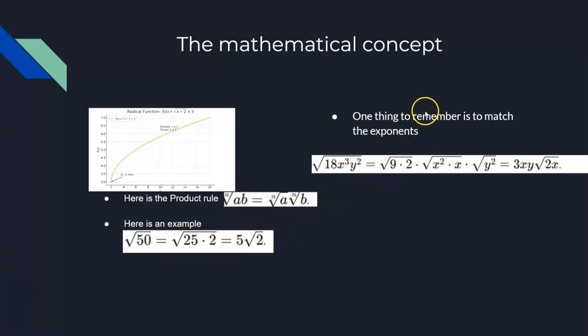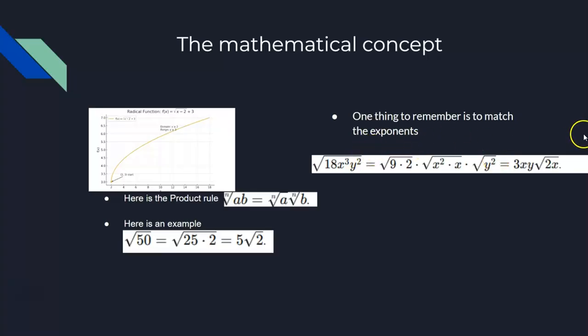Another thing is to match the exponents together. For this one right here, radical 18x cubed y squared, if we're going to simplify that, we need to first break it down. So radical 9 times 2, because 18 is 9 times 2. Then you're going to have radical x squared times x, multiplied by radical y squared.